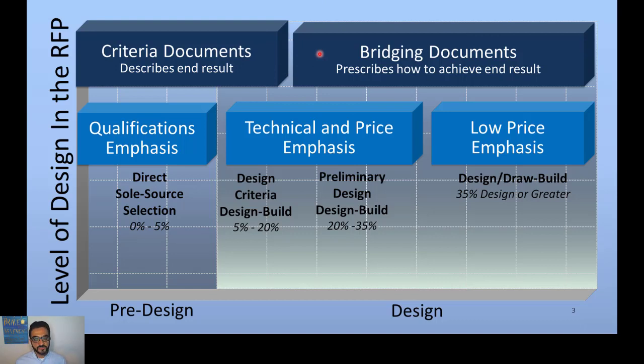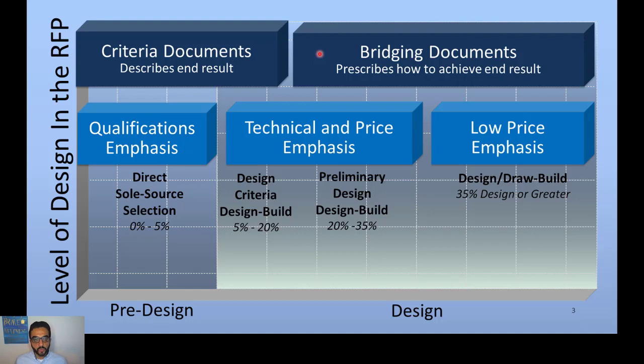So what's the difference? Criteria documents describe the end result. So I want this building, this height, this capacity. But then bridging documents start sketching that. So it prescribes how to achieve the end result. So I want this shape of the building because it allows this sun exposure, and you start sketching things.